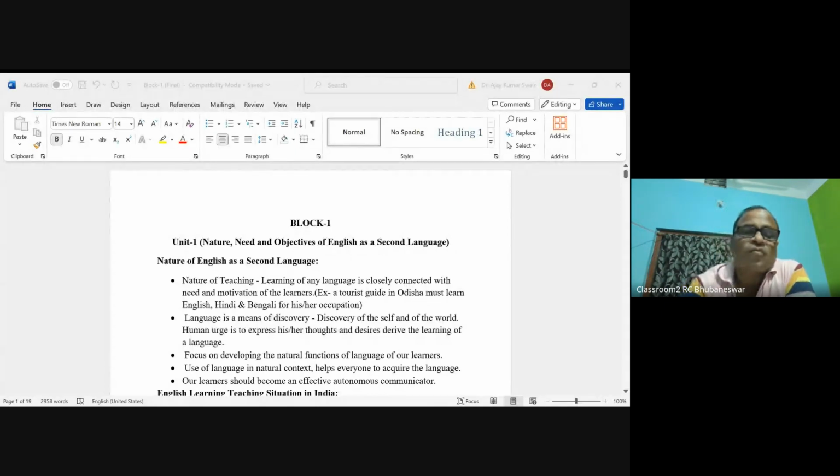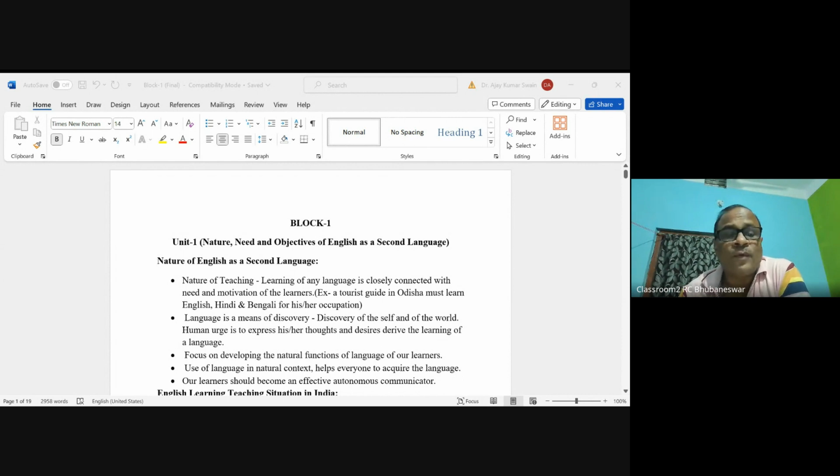You see, while the learners are learning, automatically they listen to others, they listen in different situations which helps them to speak in English, they read different written materials in English which helps them to write in English.